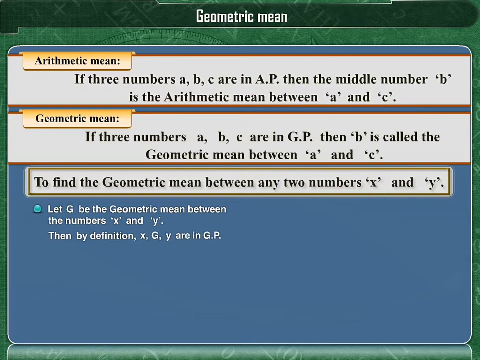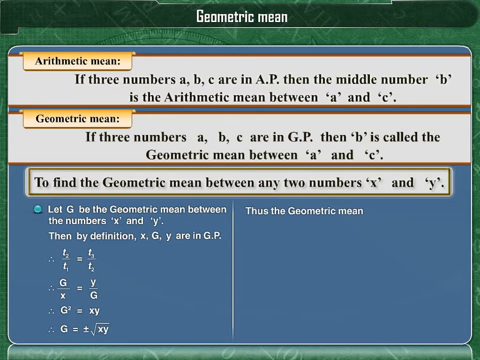We know that in GP, the ratio between consecutive terms is constant. Therefore, T2 upon T1 is T3 upon T2. Therefore, g upon x is y upon g. On simplifying, we get g square is xy. Therefore, g is plus minus root of xy.